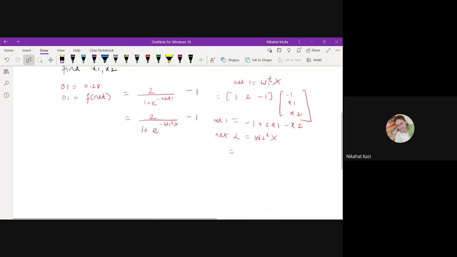Minus half, half, 3/4 times the input vector. Now what is the equation for net2?